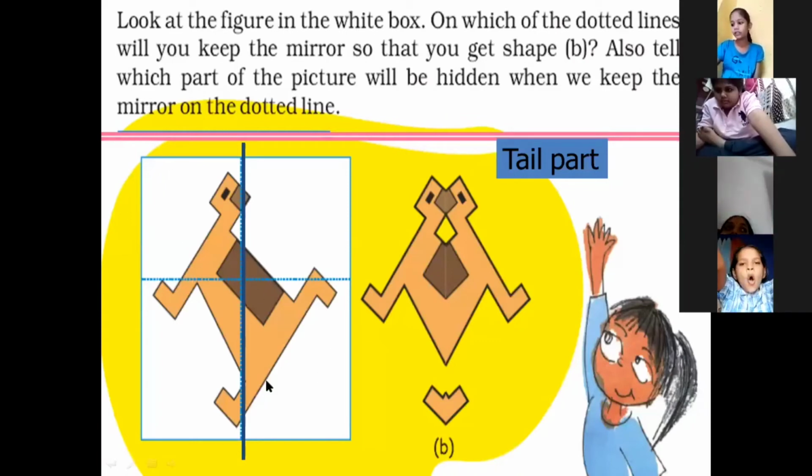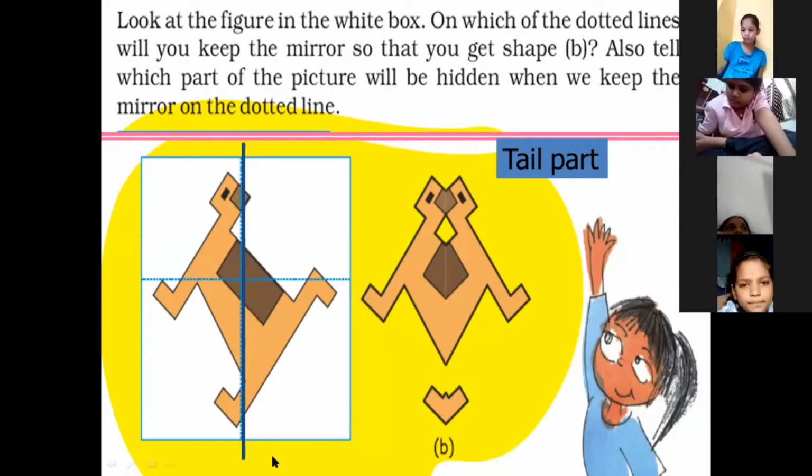We have to check this white box. On which of the dotted lines will you keep the mirror so that you get shape D? Here two dotted lines are given. On which dotted line do we have to keep it to get the picture?